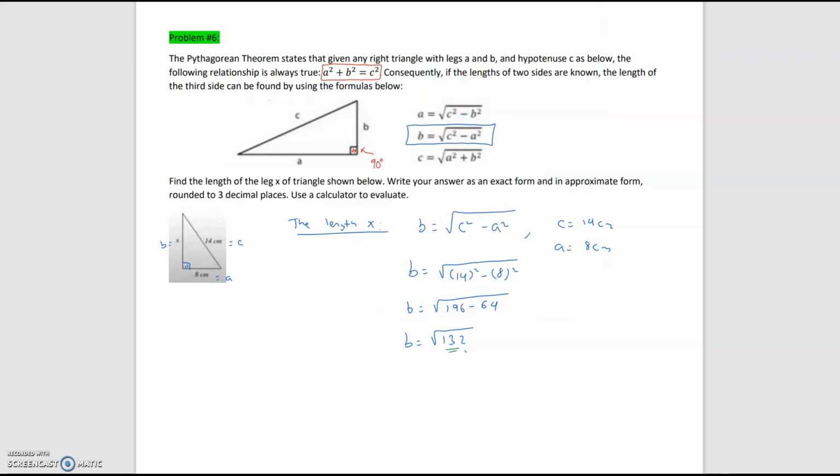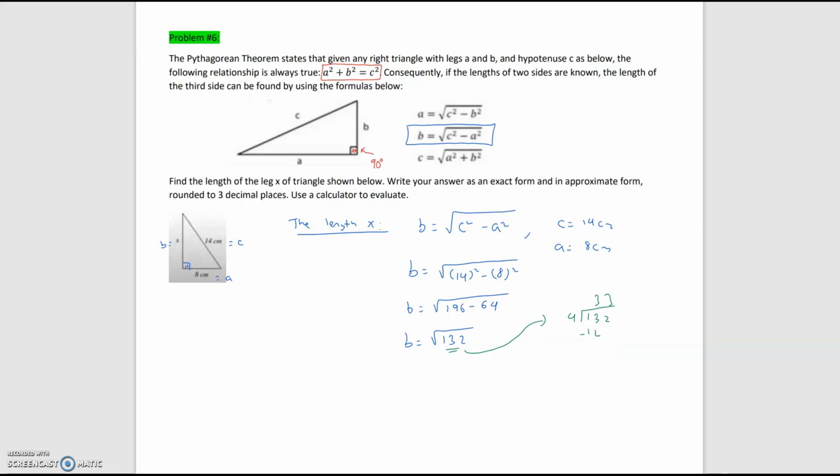And 132 is divisible by 4. So if you divide 132 by 4, you're going to end up with 3, and this is going to be a 12. Subtract, and you're going to get another 12, and then minus the 12, so this will give us a 0 remainder.